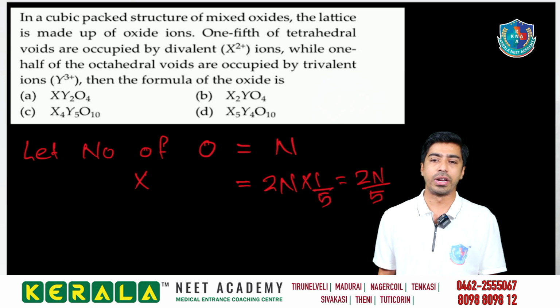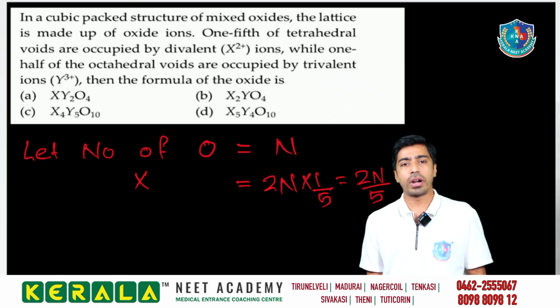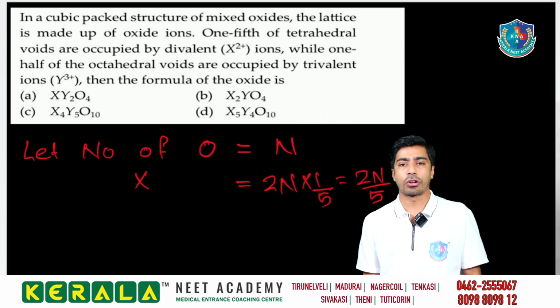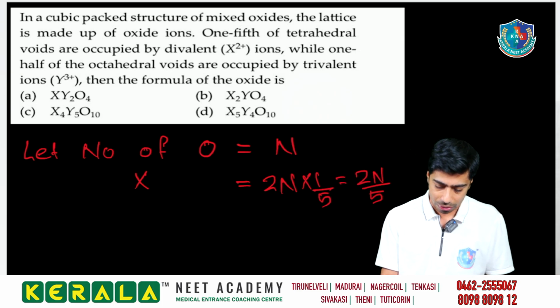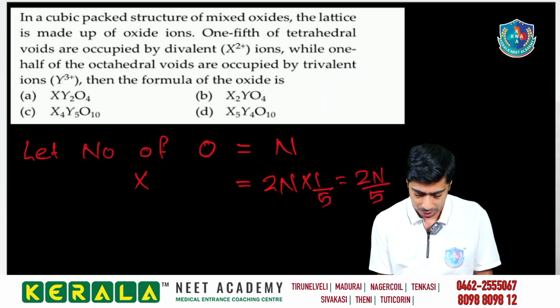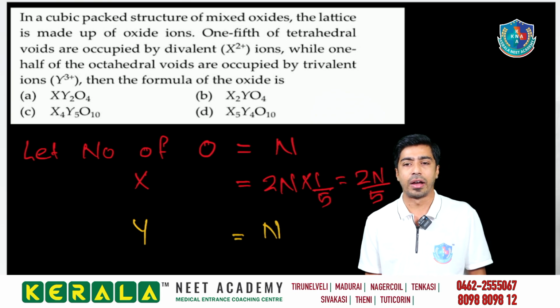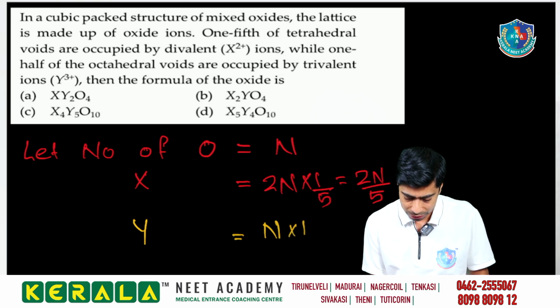2n by 5 numbers of x ions will be present, and 1/2 of the octahedral voids are occupied by y ions. You know that octahedral voids will be n in number, and 1/2 of it is occupied, so that will be n by 2.